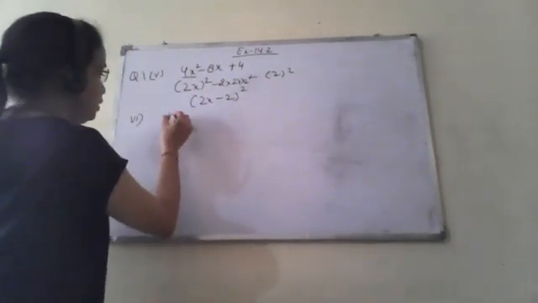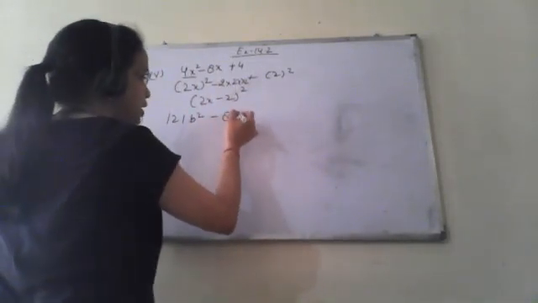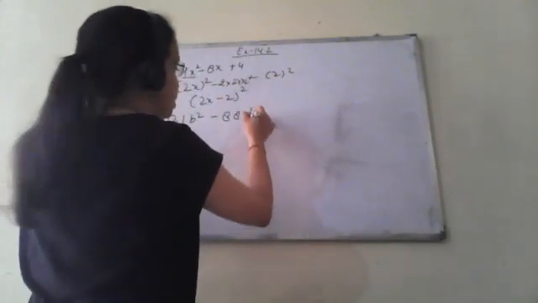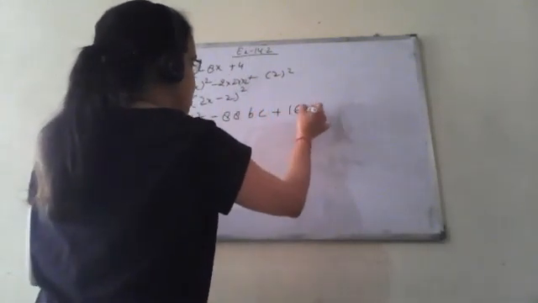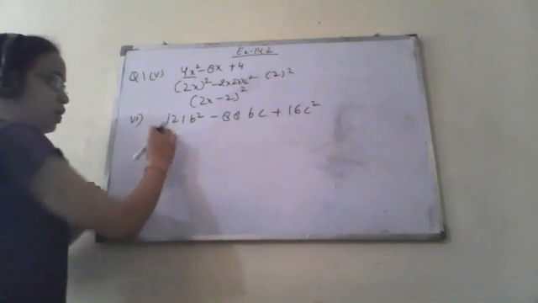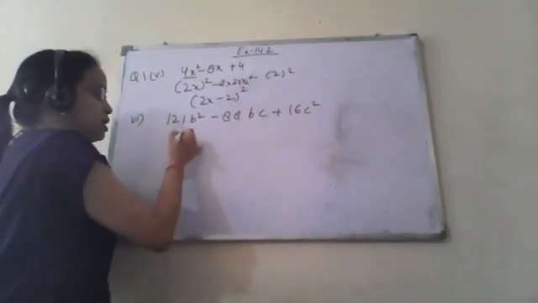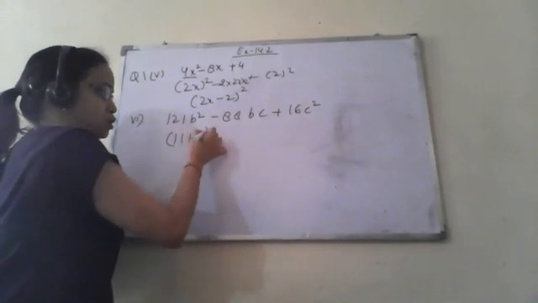Sixth part is 121b square minus 88bc plus 16c square. Now this 121 is square of 11, so it can be written as 11b whole square.